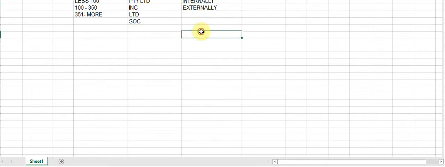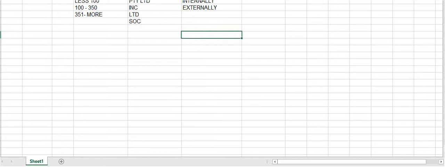So internally would typically mean that you have some department within your business, like an accountancy department, and they are responsible for compiling the financial statements. Or it can be externally compiled, where you have an external accounting firm that compile the financial statements. So they are basically a contractor to your business.